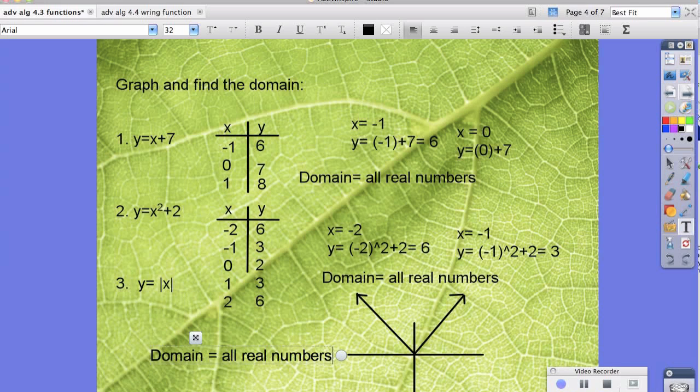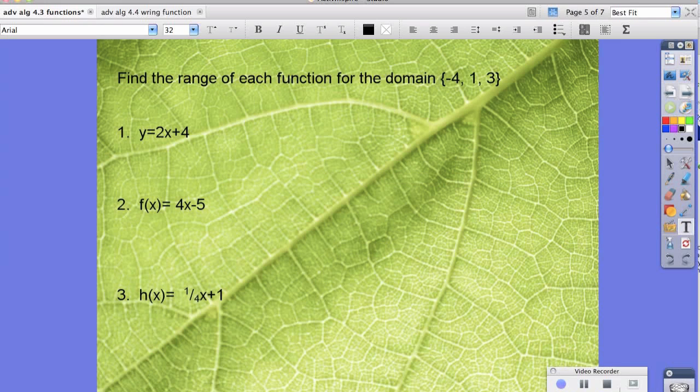So let's try another set of problems. Number 1, 2, and 3 says find the range of each function for the domain -4, 1, and 3. When they give us a predefined domain, in this case 3 different values, all we're really going to have to do is substitute those values in for x and see what we get. So y equals 2 times -4 plus 4.